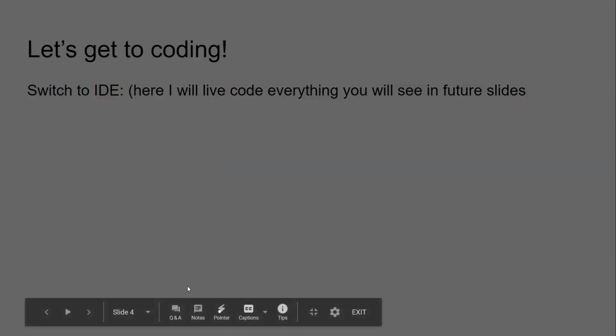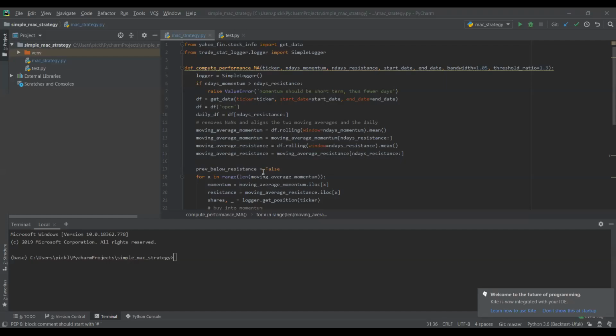I'm gonna go to another screen and start coding out the strategy. Can you put a yes if you can see my screen? Okay, thank you.